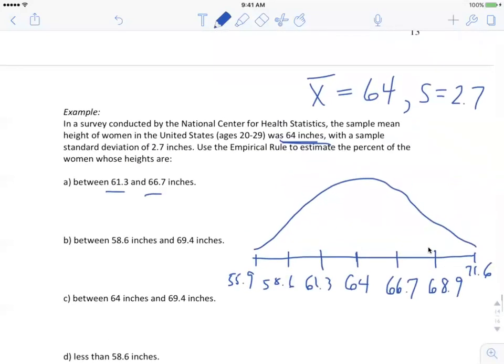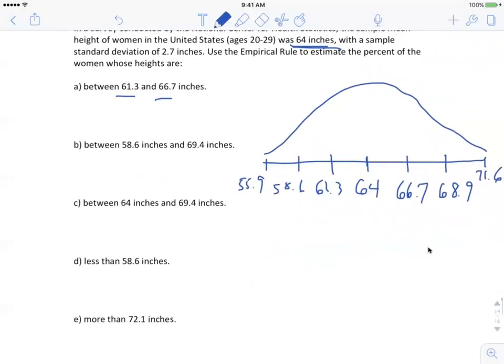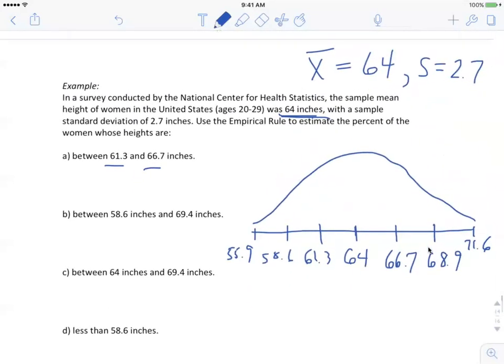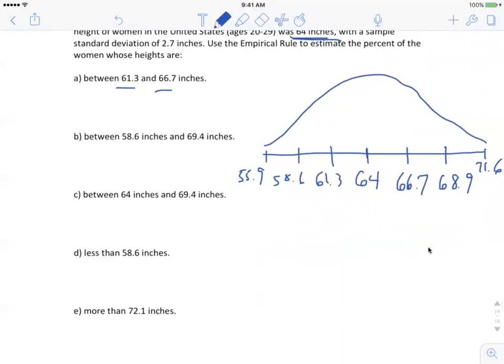Okay, so let me double check this. What did I do on this one? 64. Yeah. I did mess up, didn't I? I knew I did. It didn't feel right. I'm sure you've already caught on to this. Those aren't right.